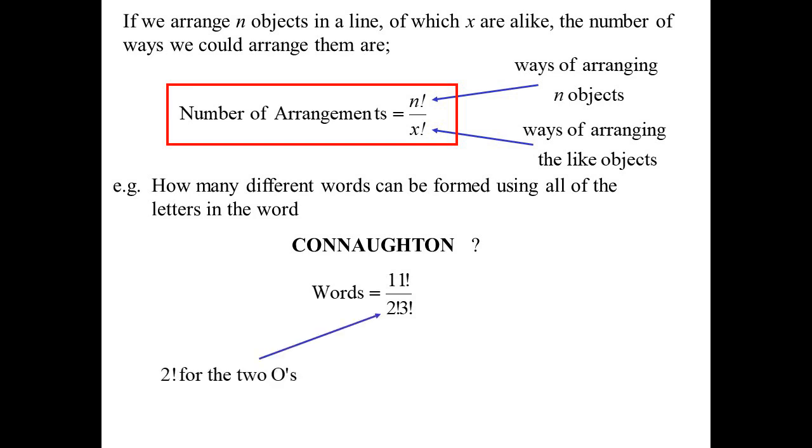Well, there's 2 O's, so I'll divide by 2 factorial, the number of ways the O's could have been arranged. But there are also 3 N's, so I'll divide by 3 factorial as well, the number of ways the N's could be arranged. So basically we just divide by the repetitions. And I end up with quite a lot of words. What's that? 3,326,400.